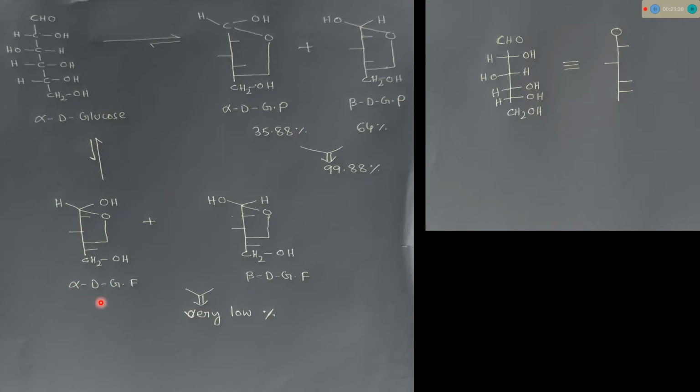So this is the chemistry behind these questions. So many of you think that yeah, 99% proportion is this 6-member ring, that is pyranose.